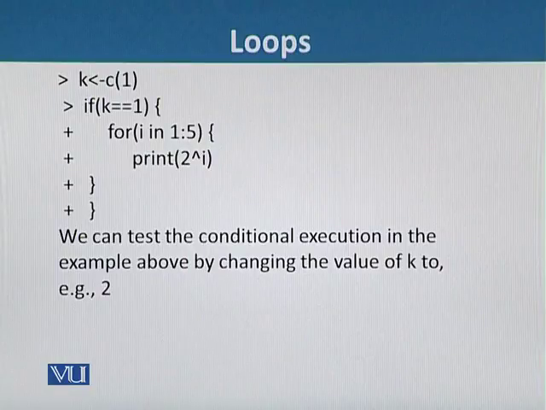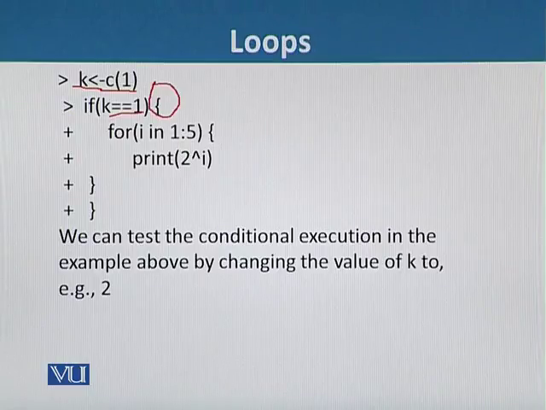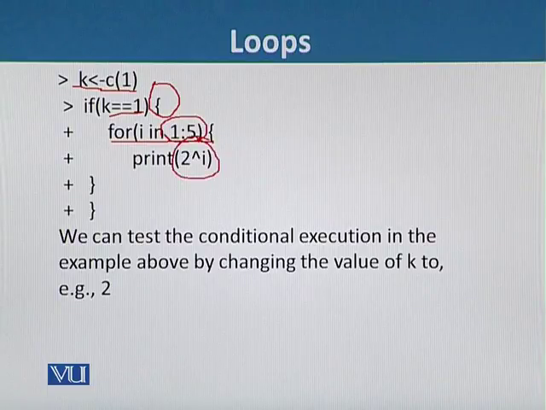We will see here an example of the if loop. Here we have the variable k equal to 1, and if k is equal to 1, then the curly bracket will start, and it is the start of the if loop. Within this there is a for loop. If the if condition is correct, meaning k is equal to 1, then the for loop will start and execute several times from 1 to 5, and it will print 2 raised to power I, where I is 1 to 5, as we have seen earlier.